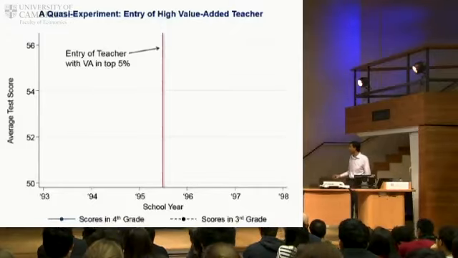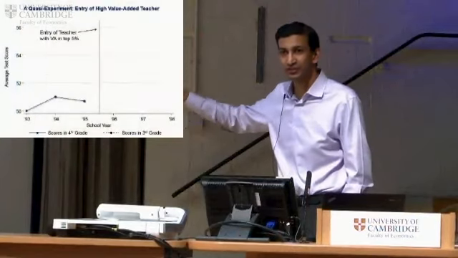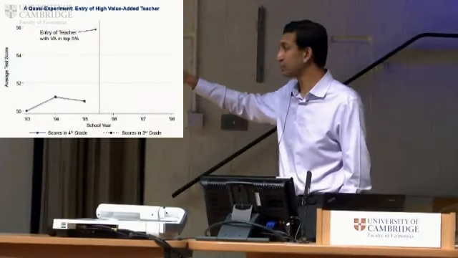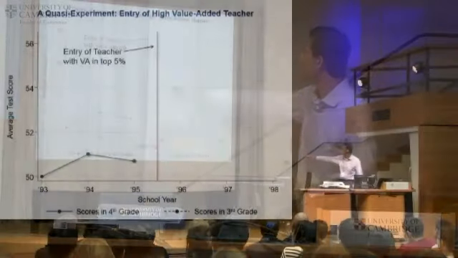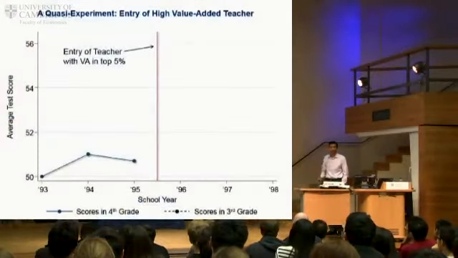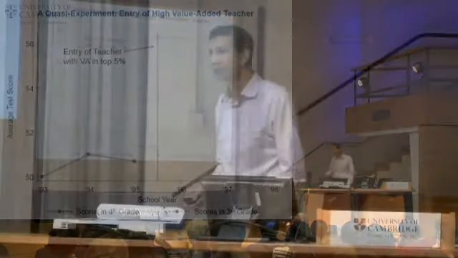And the data that I'm going to show you here is drawing upon thousands of such events, averaging over thousands of such events in the data set that we have. And so what you can see is that before that teacher comes in, test scores are kind of bouncing around the median.